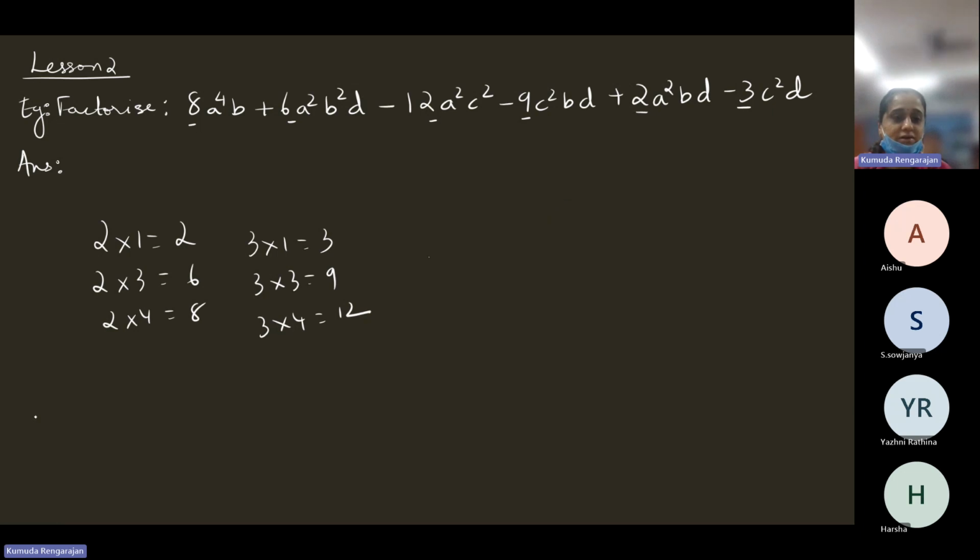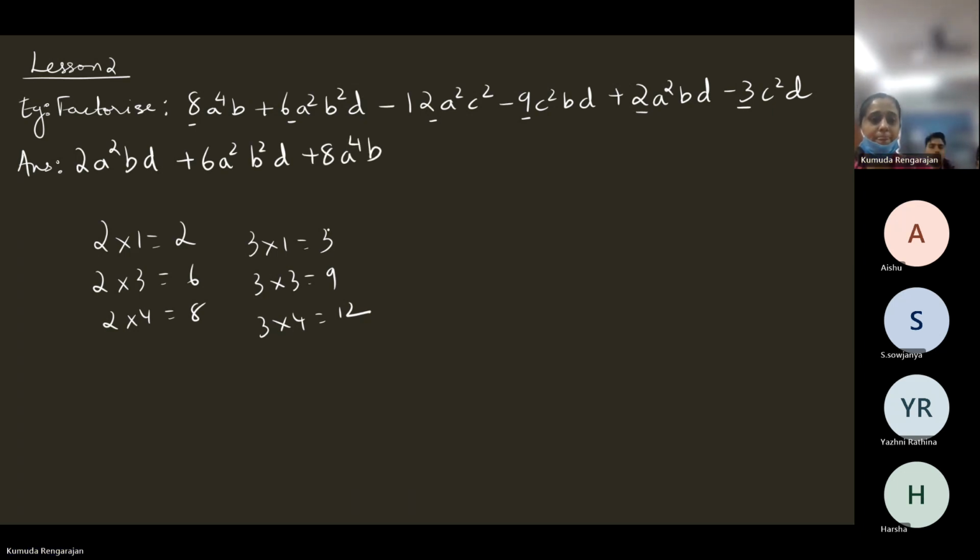Okay, so I'm going to write the term with the coefficient 2 first. 2a square bd. Whether this will work, we don't know, but when we take out something common, you will have the same numerical coefficients inside the bracket. So 2a square bd, then plus 6a square b square d, then plus 8a to the power 4 b.